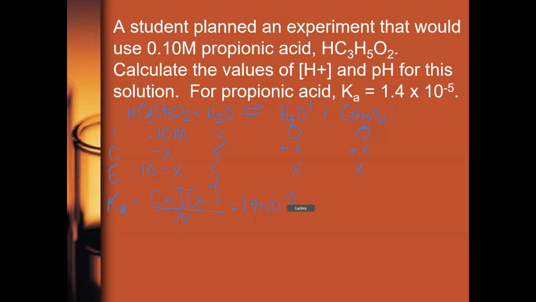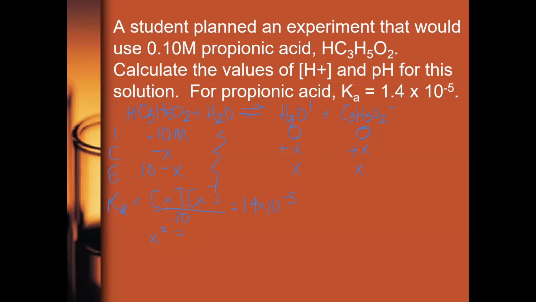So we can multiply by the 0.1, and I'm going to simplify this as X squared is equal to, sorry, I did not write that number down.